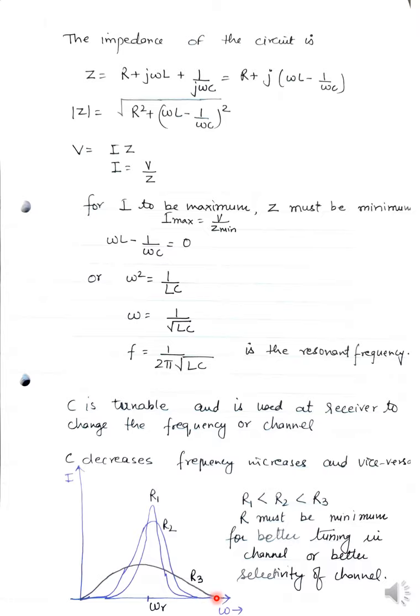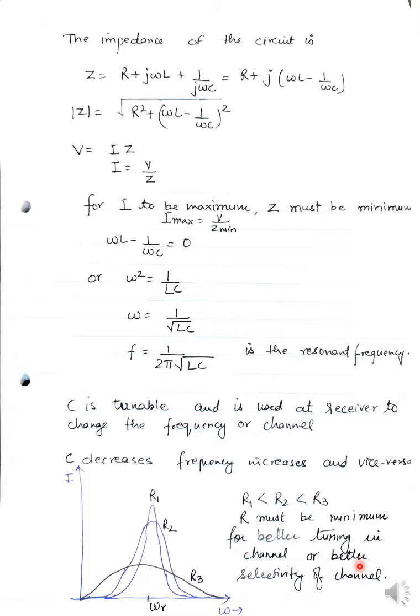So you can see clearly that for R3 the graph is more spread out, and the resonant frequency is at a higher value. It provides the higher value of current. So R must be minimum for better tuning of the channel or better selectivity of the channel.